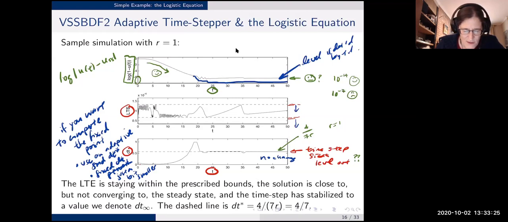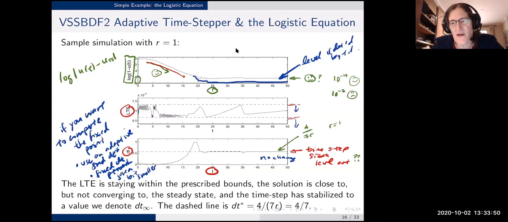The solution is getting closer and closer to the steady state. And then it gets to the steady state and it takes its time steps larger and larger because that's what the adaptive time stepper is trying to tell it to do. But then it takes the time steps too large and the instability kicks in.